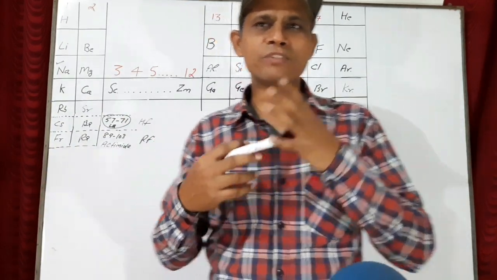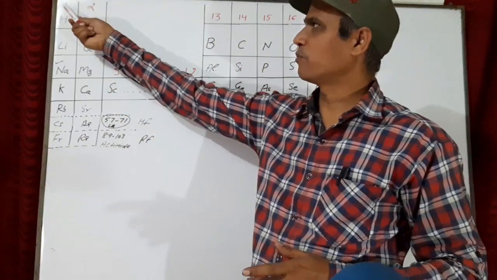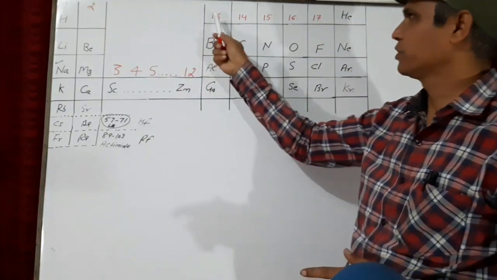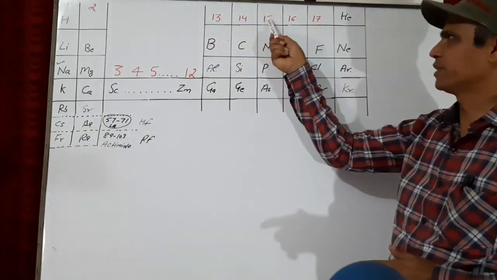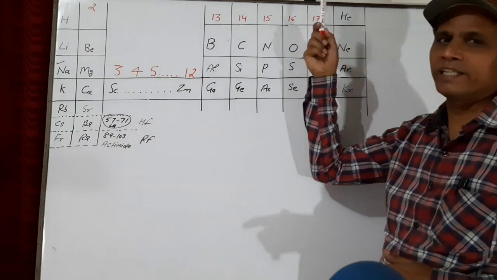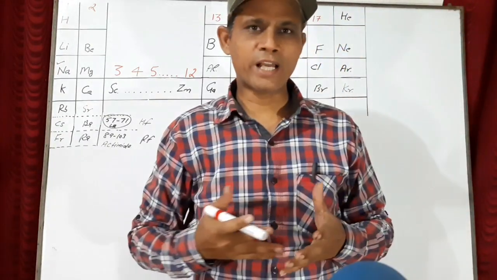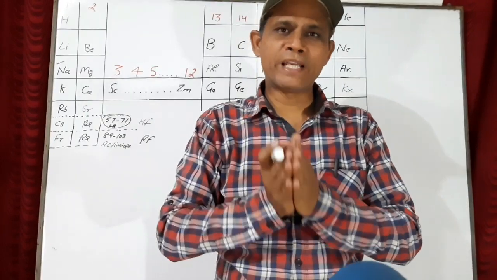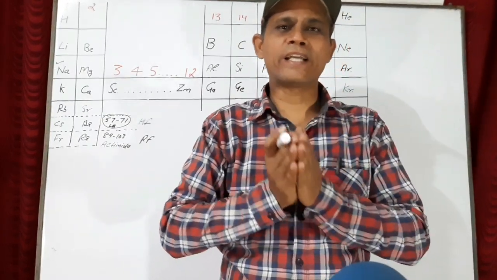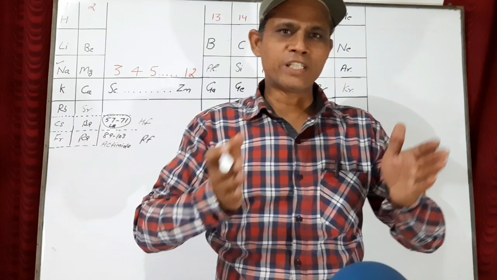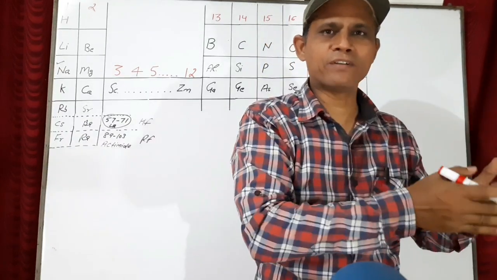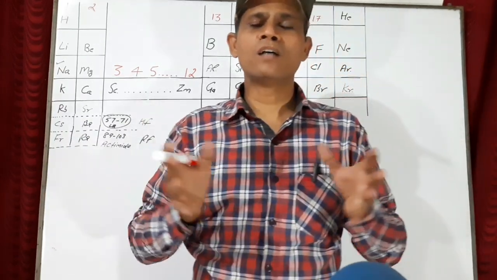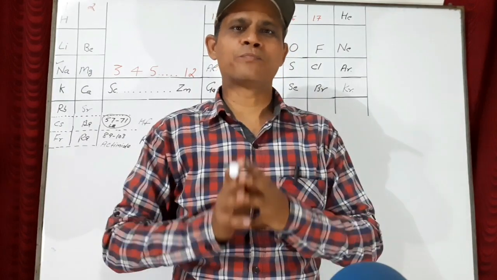So, the elements which are there in group number 1, 2, 13, 14, 15, 16 and 17 are also known as representative elements or main elements. They contain 1, 2, 3, 4, 5, 6, 7 electrons in their outermost shell.